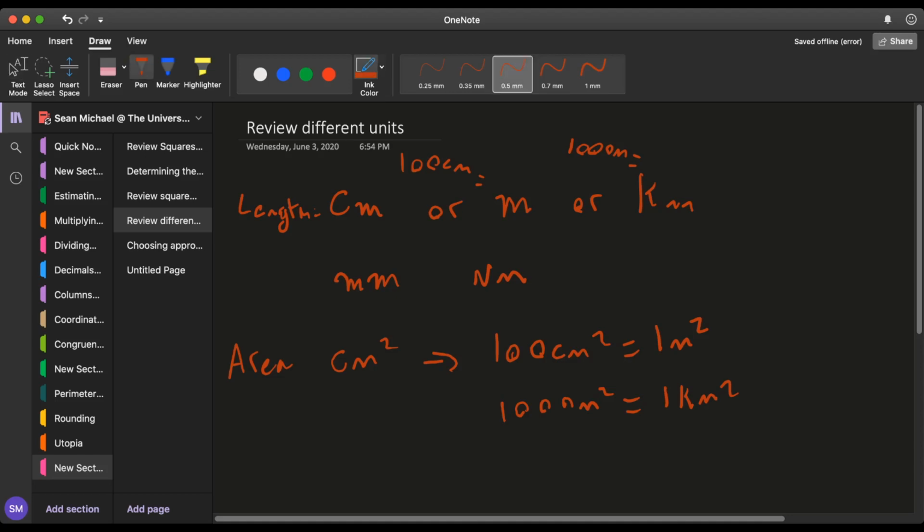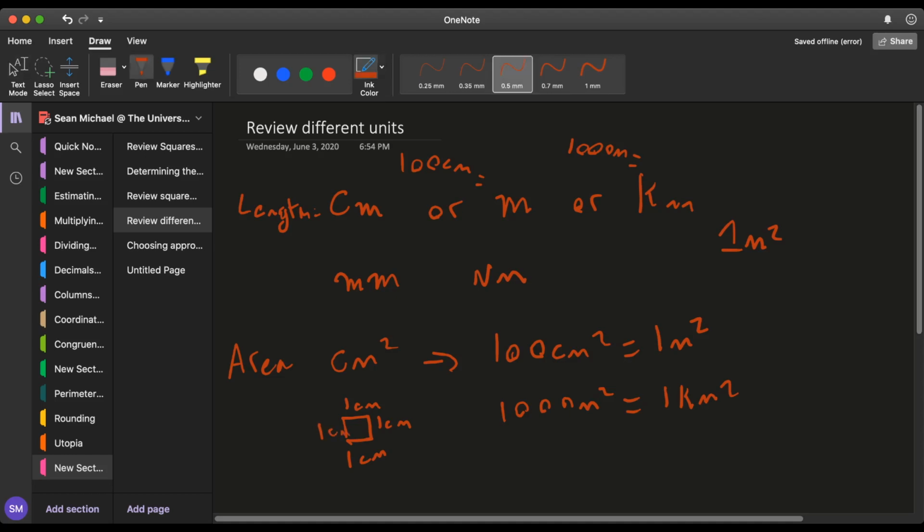And basically, when I say 1 meter squared, what are we talking about? Well, when we say 1 centimeter squared, we're talking about a box like this with 1 centimeter here, 1 centimeter here, 1 centimeter here, and 1 centimeter here.